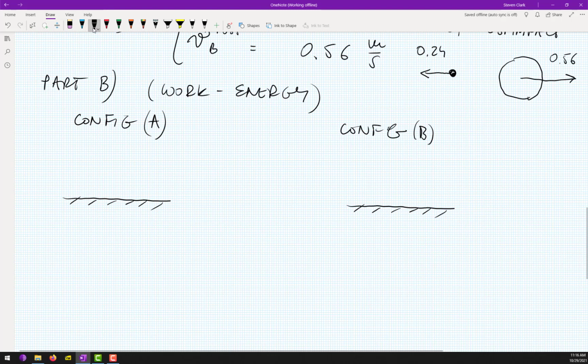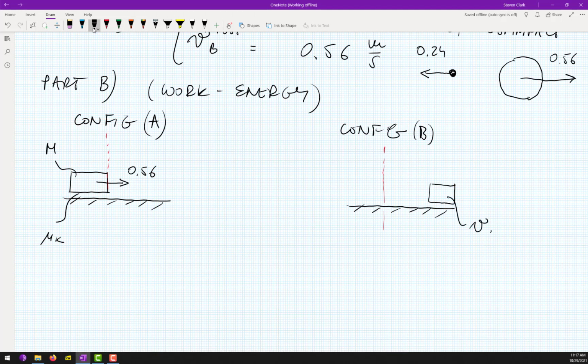I believe that our body starts from here with velocity 0.56, and it has big mass, and it has mu k in here. Let's mark that point, because our body at the end will be somewhere here. And it will have a velocity final equal to 0. And I think that they ask us to find this distance.